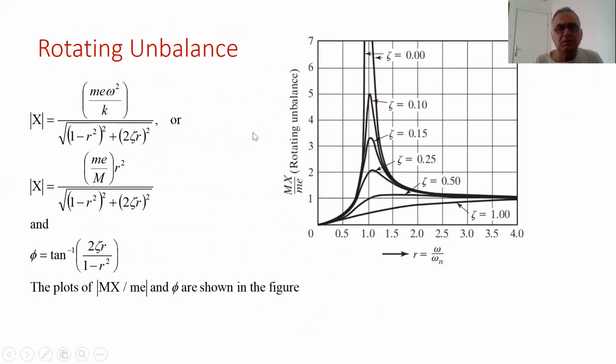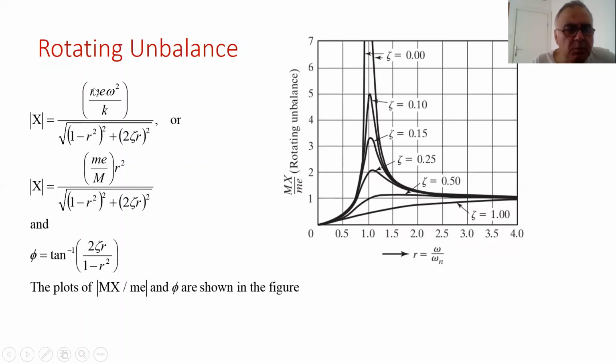So if we look at our equation, m e omega squared is F0, remember. So we have F0 over K divided by the square root of (1 minus R squared) squared plus (2 zeta R) squared. This is the magnification factor.